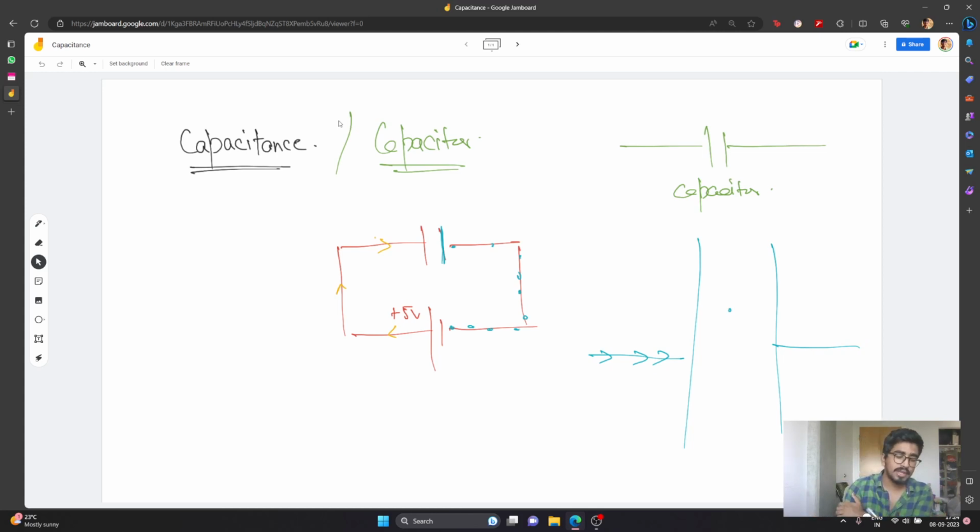The way that works is all these electrons are coming in and they start depositing on the surface of this metal. That creates a negative field sort of a thing, and the electrons on the other end start to feel a little bit pushed away, because these are negative charges, so they start moving away from the wire.